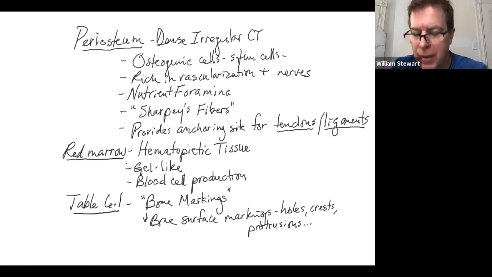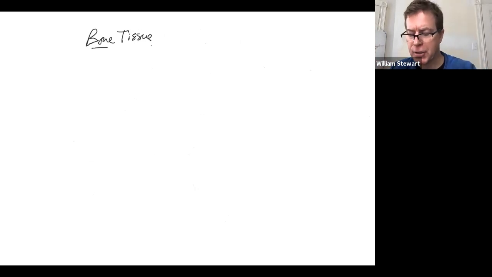So I want you to go over table 6.1. Now let's get into the nitty-gritty of living bone cell tissue. It is a living, highly vascularized tissue. There's lots of blood supply. We identified that back when we studied connective tissues.